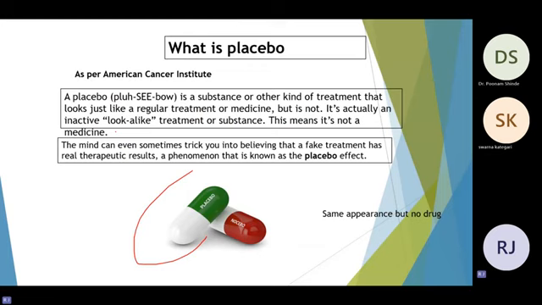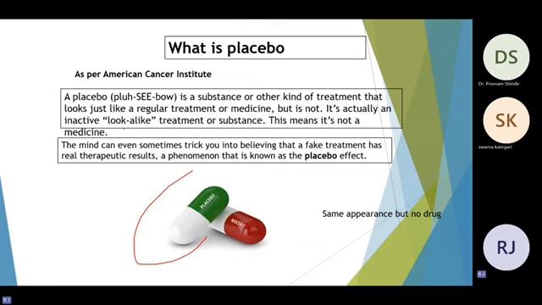For example, if we are doing a trial for back pain and we are testing diclofenac, people will think, okay, I'm taking diclofenac, my pain should reduce. Their mind will trick them, and the pain will reduce. So to cancel out that psychological effect, we use this placebo drug.